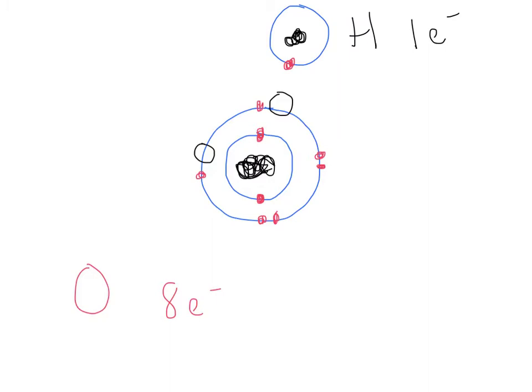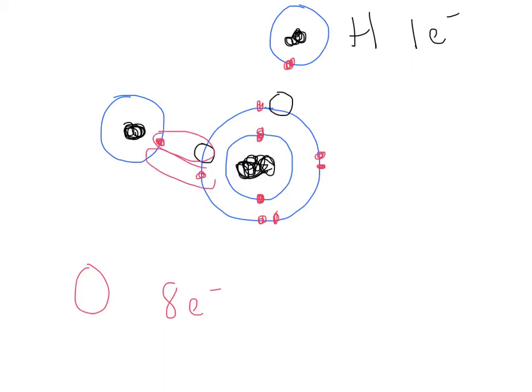I am setting us up to look at how water forms. So I'm going to draw another hydrogen with its 1 lonely electron. When hydrogen gets a little bit closer to the oxygen, you can see that we share.